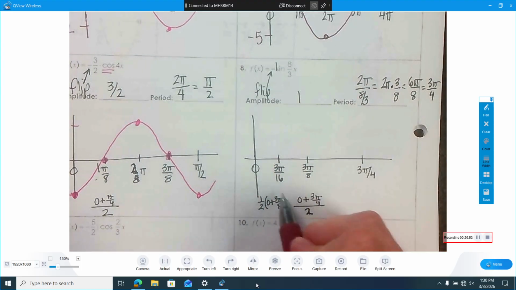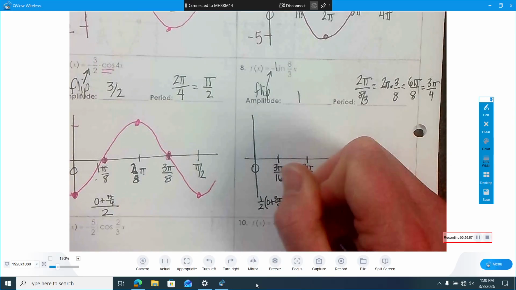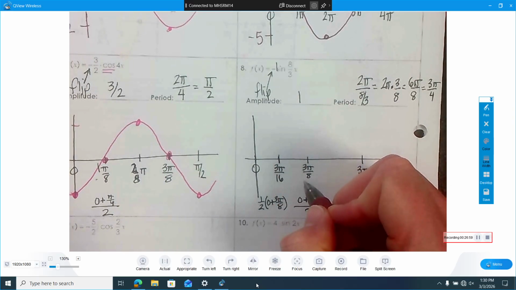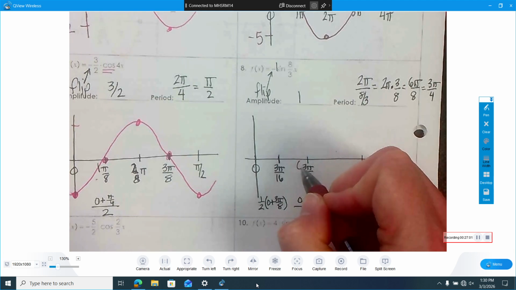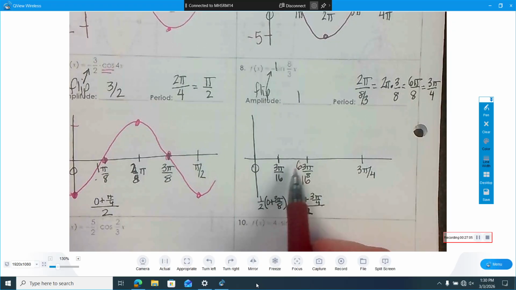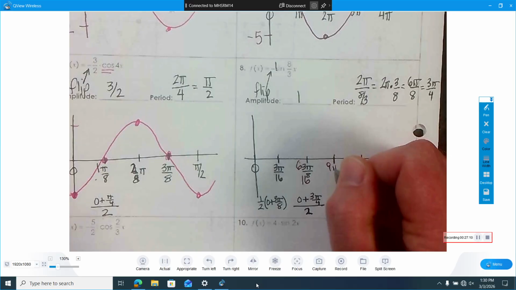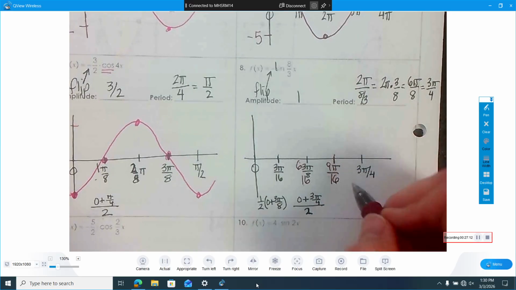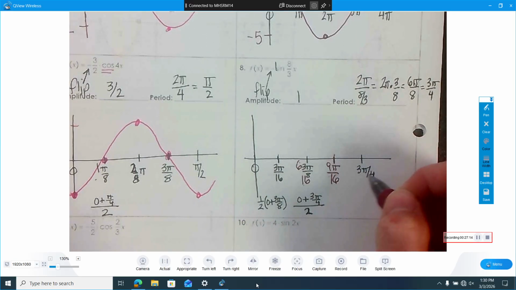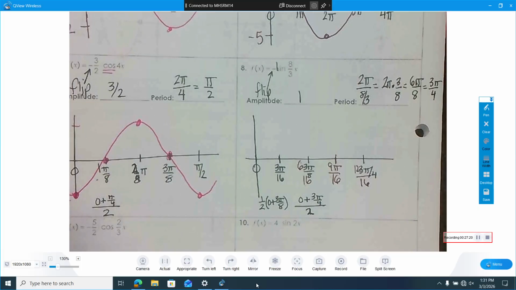If I want them all to be the same denominator, if I multiply by 2, this would be 6 pi over 16. 3 pi over 16, 6 pi over 16. What would the next one be? 9 pi over 16. And then this one, if we multiplied by 4, that'd give me 12 pi over 16. Do you see how that works?